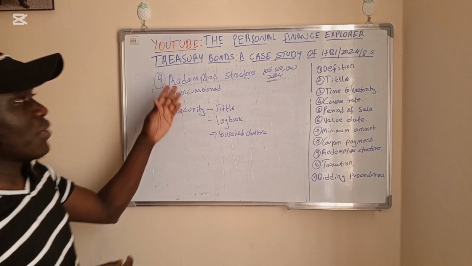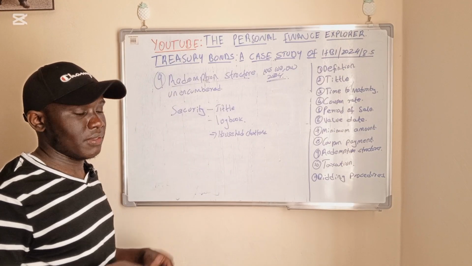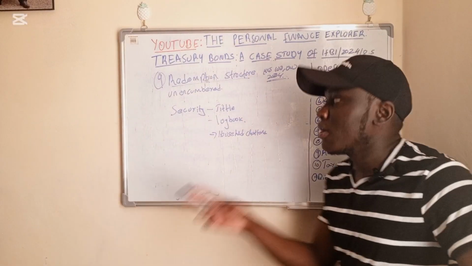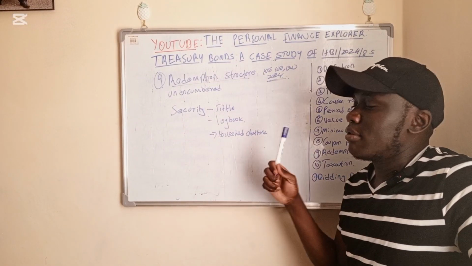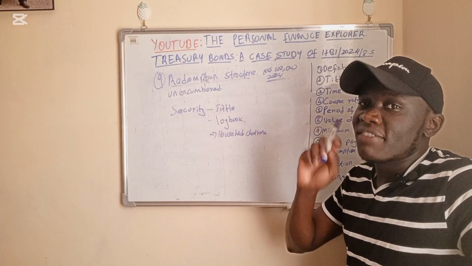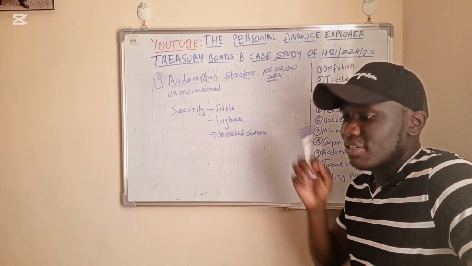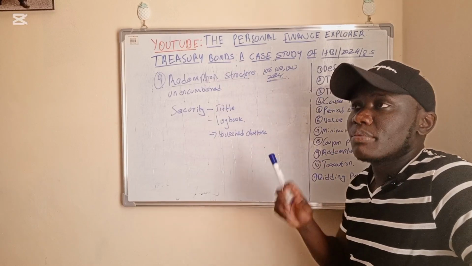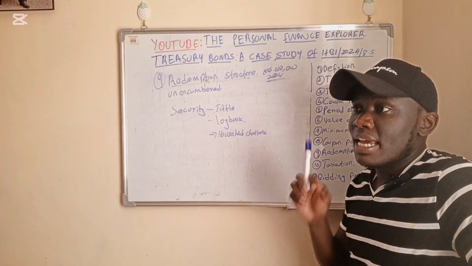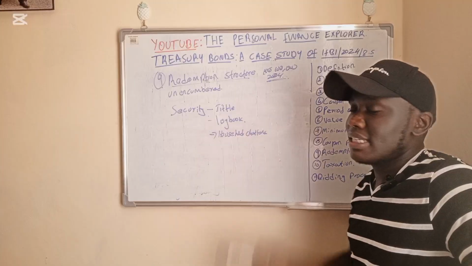Now, you can use your investment in bonds as security for a loan. If you have invested in bonds and you want a loan, and you go to any bank for a loan facility, you can use your investment in bonds as part of the security. If they ask for security, you can tell them, I have invested some money in bonds, and I can use that as security for the facility that I want.